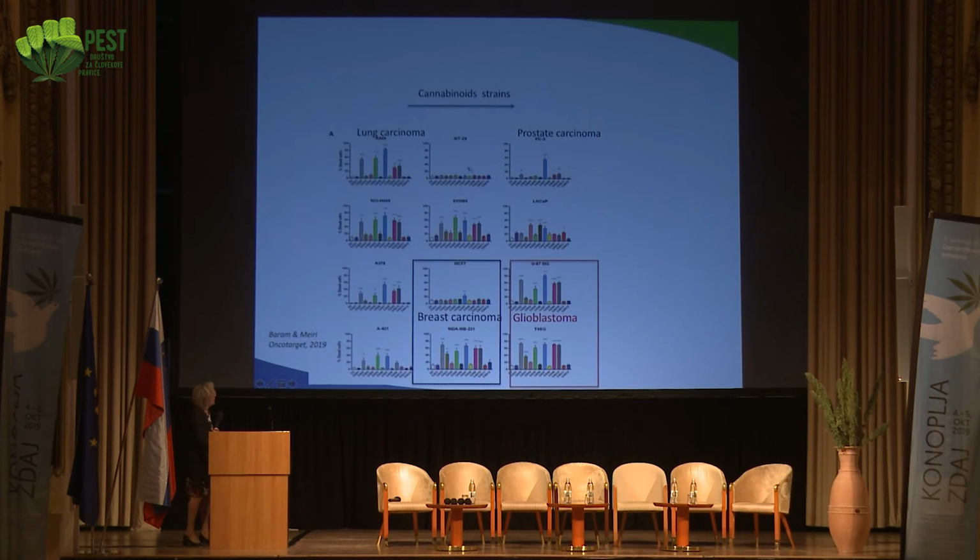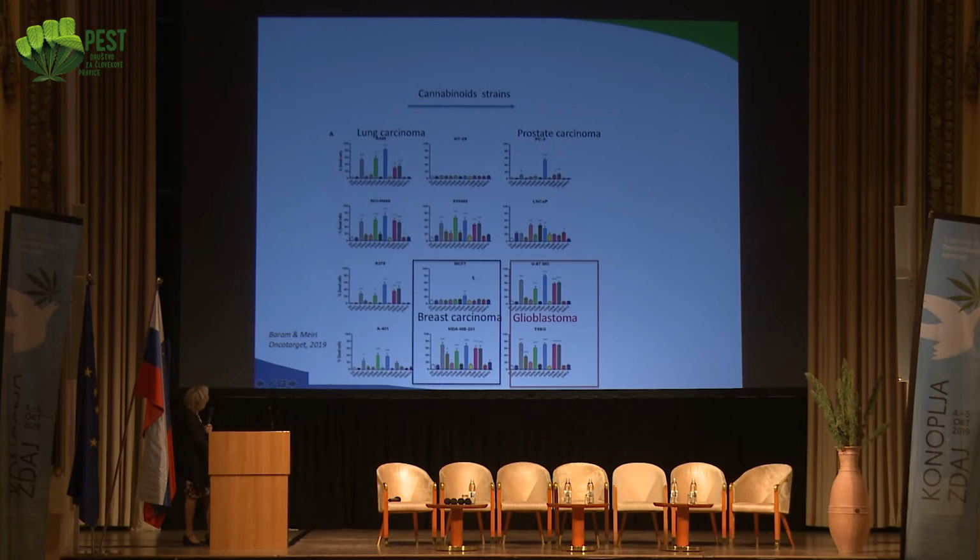Even more so, the same type of tumor, for example, breast carcinoma, and here are shown different carcinoma strains. He took 10 strains, and then he measured the effect on cell death. So some strains cause cell death. This level is high, and some do not cause anything.